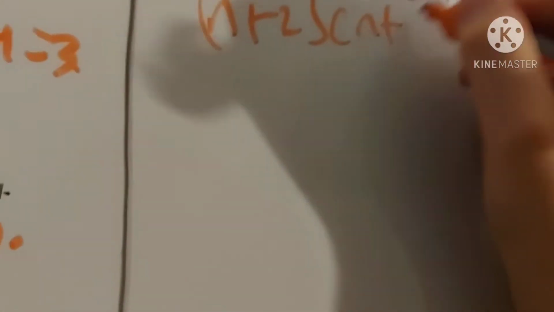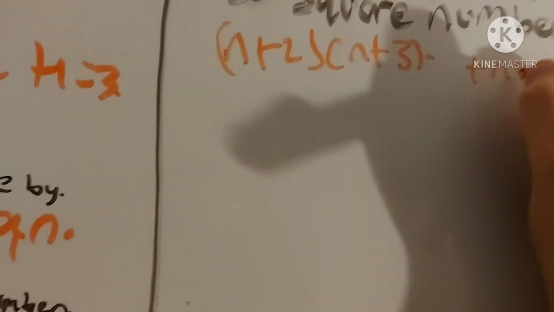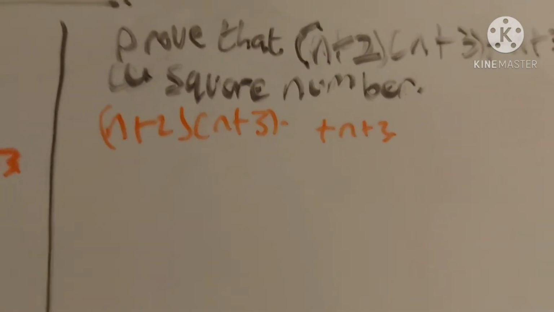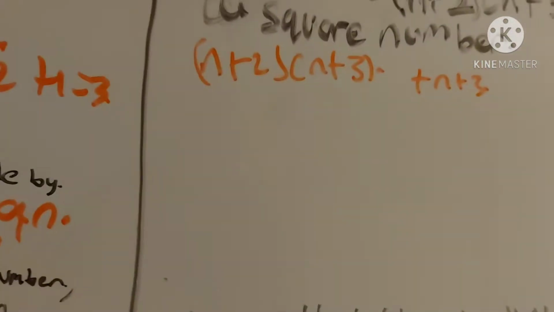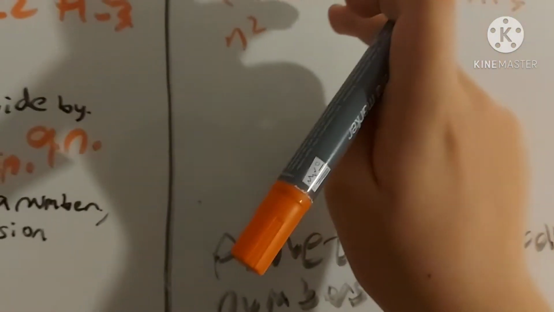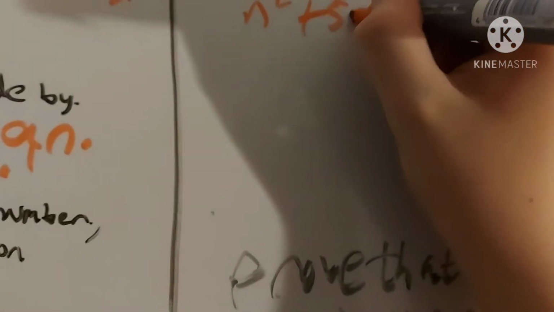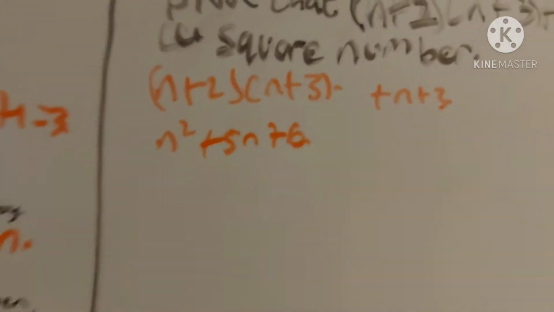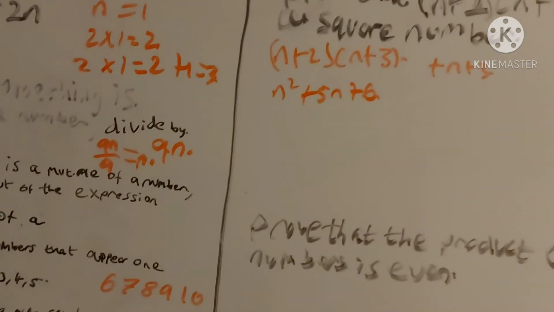Well, the first bit of this is we need to expand this bracket out. So n plus 2 bracket n plus 3. I always like rewriting this when I start answering any questions. First of all, you should realise that this is n squared plus 5n plus 6. If you've done questions enough times, you should be able to realise patterns.